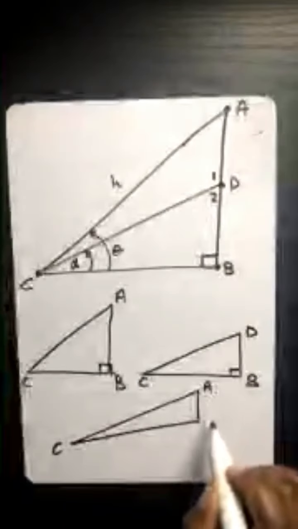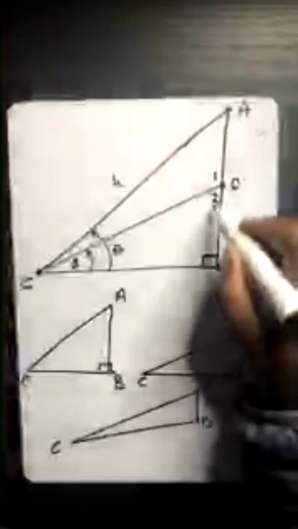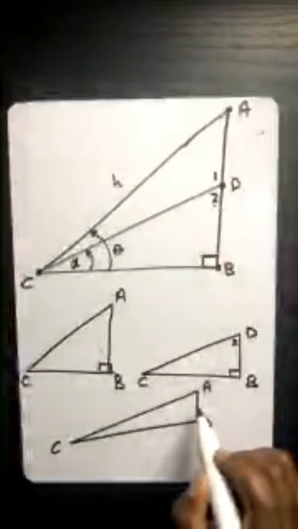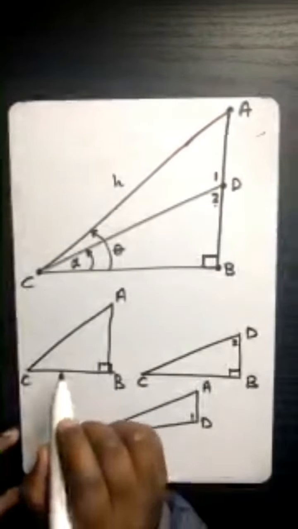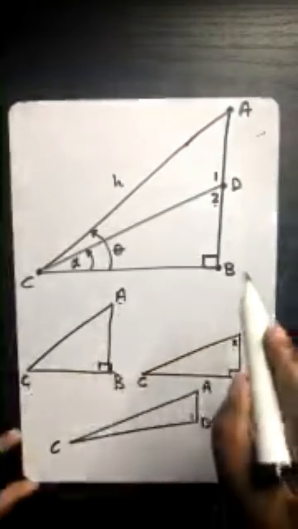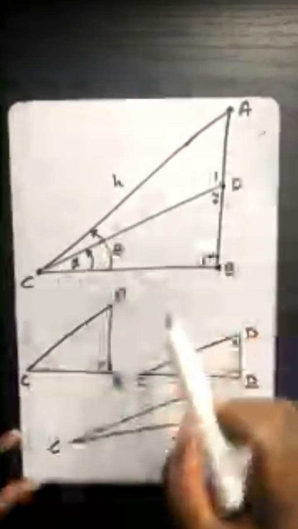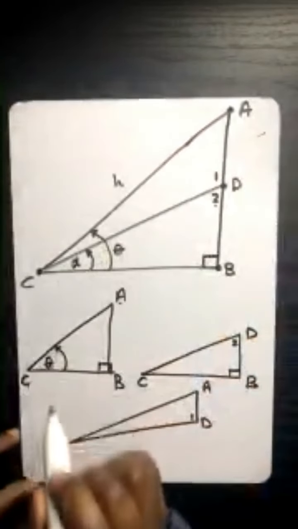C, A, and D. Remember, this angle, it is that 2 there, and then that one there, which is going to be that one. And also, in triangle ACB, oh, this is where you have theta there.